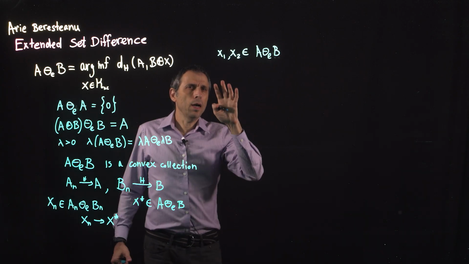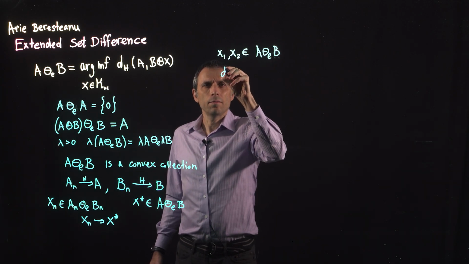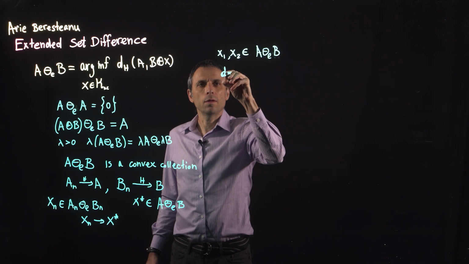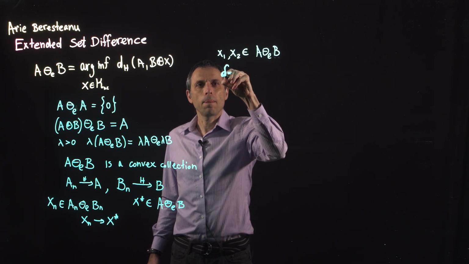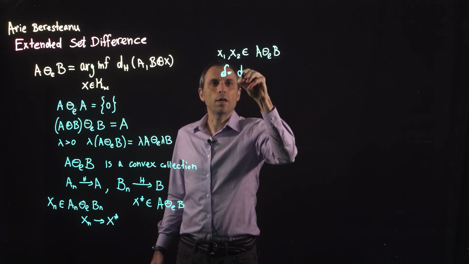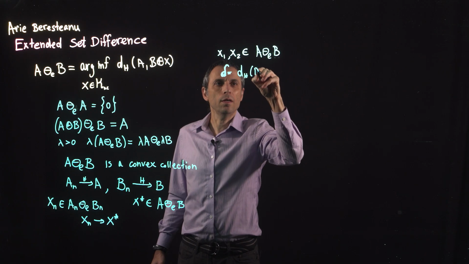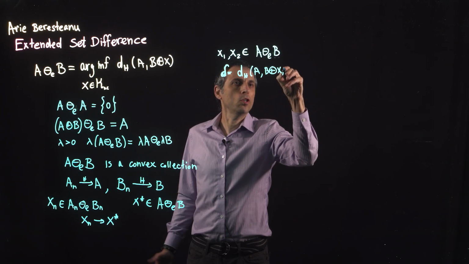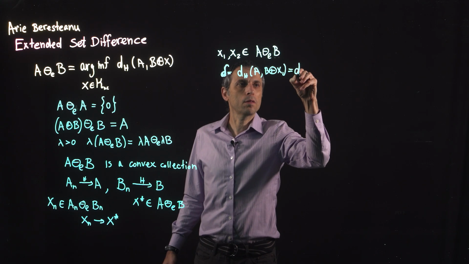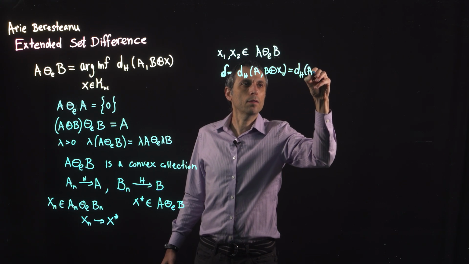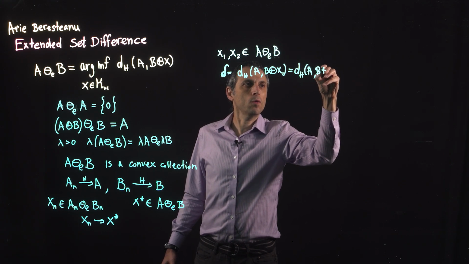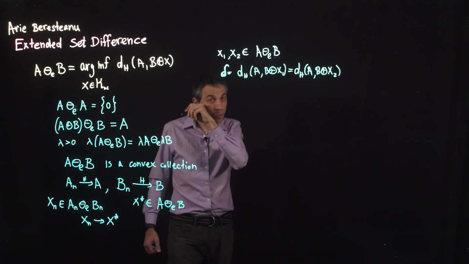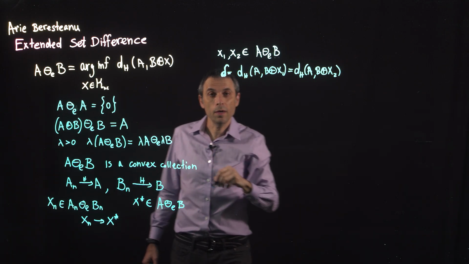But let's say that delta, the Greek letter, is the Hausdorff distance between A and B plus x1, which is the same as the distance between A and B plus x2, because they are both solutions. They achieve the same minimum or infimum.